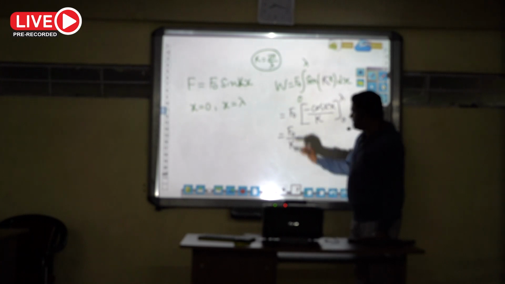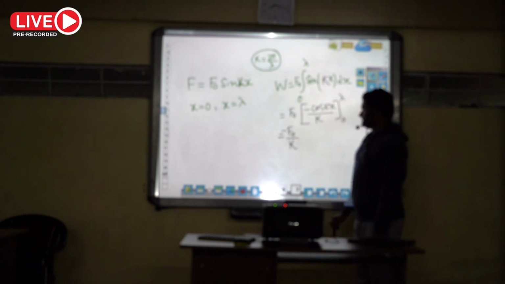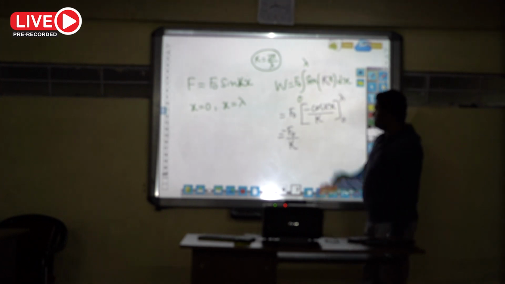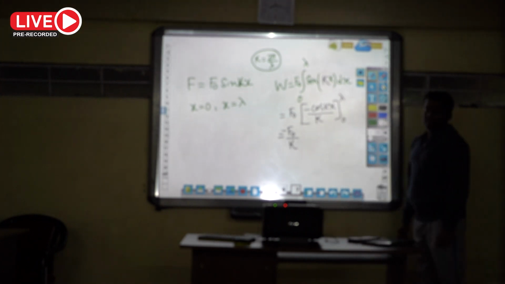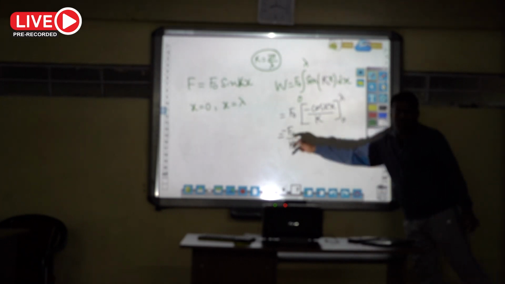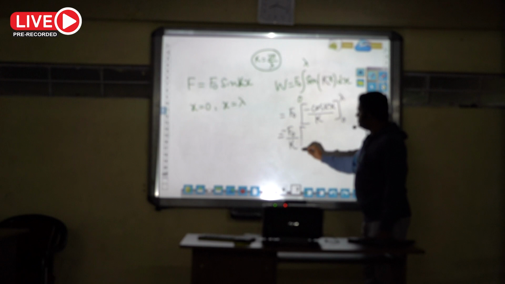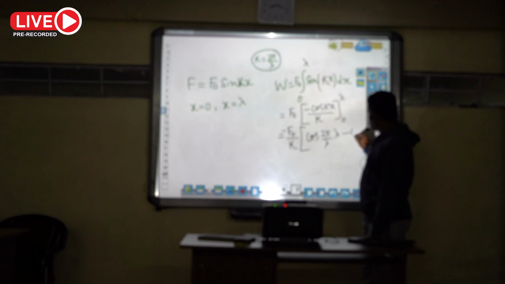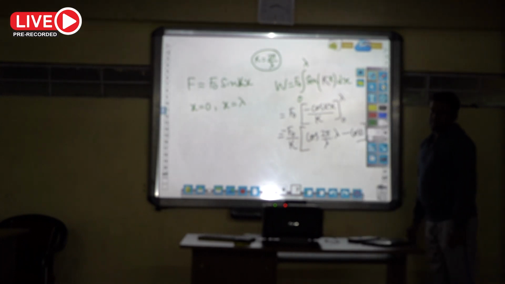I will also take common this minus sign, so it will be minus f naught by k. Remaining term inside will be cos kx, minus is taken common, so it will become cos k lambda, k lambda means 2 pi by lambda into lambda, minus cos 0. This is coming.